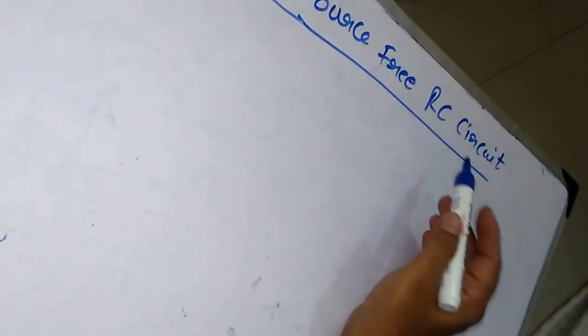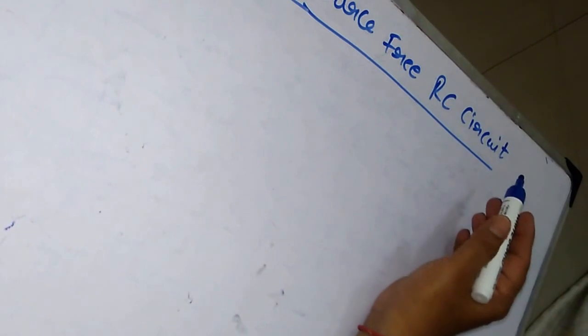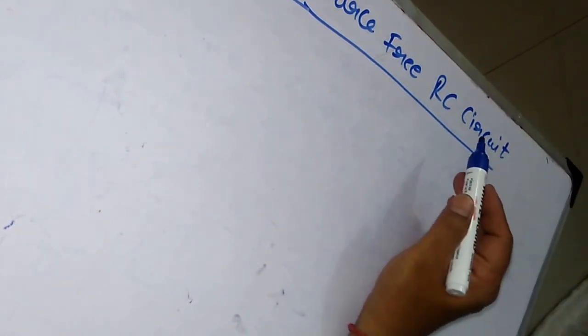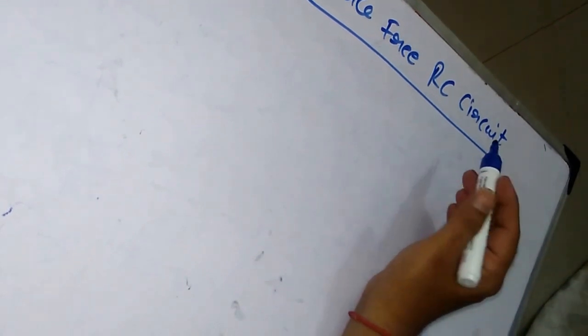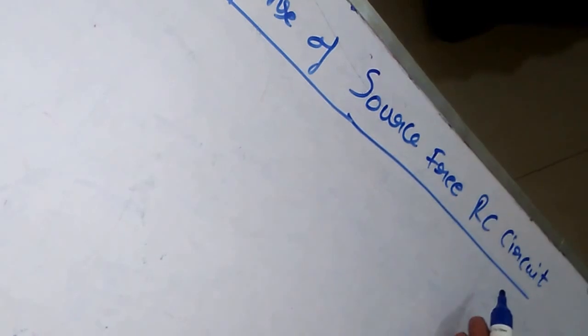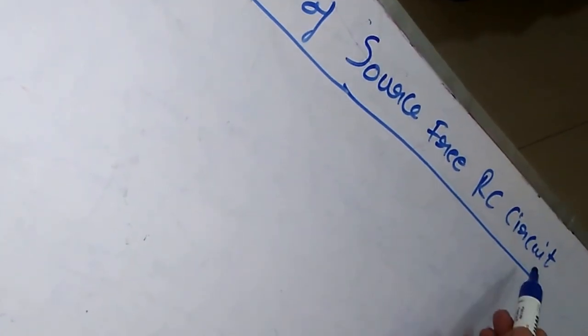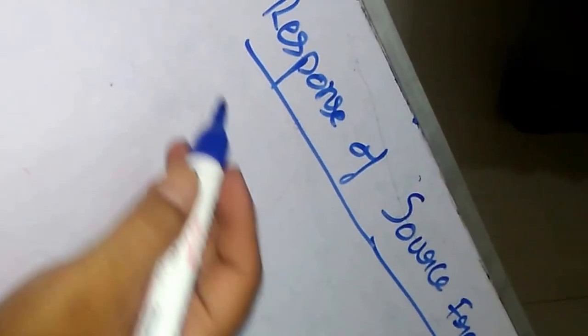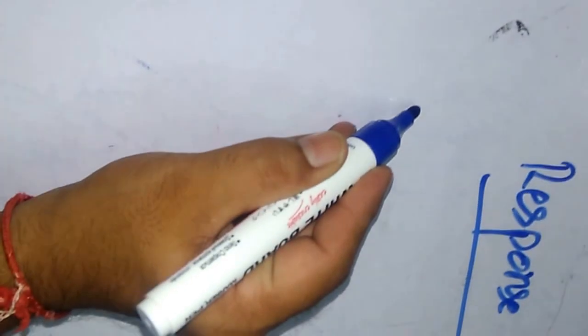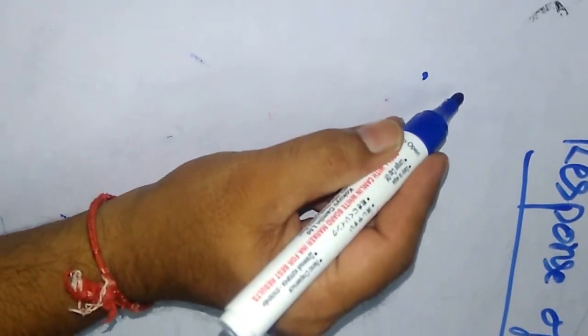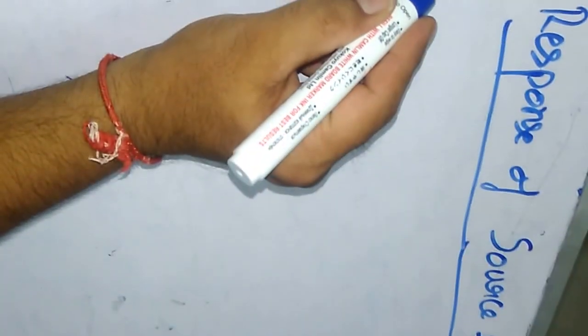In general, when you consider any RC circuit and it is disconnected suddenly from the power source, how it behaves, that response you can call the source free response, or the response of an RC circuit when there is no excitation. So for that we will consider a simple combination of resistor and capacitor.